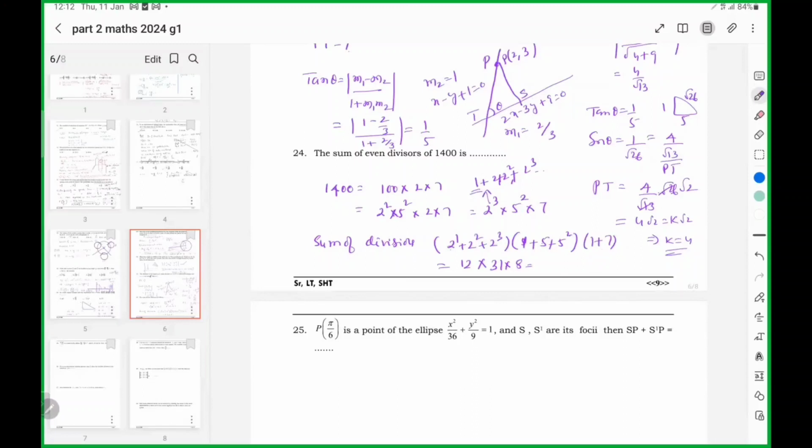So the number of even divisors, 3976 we are getting.